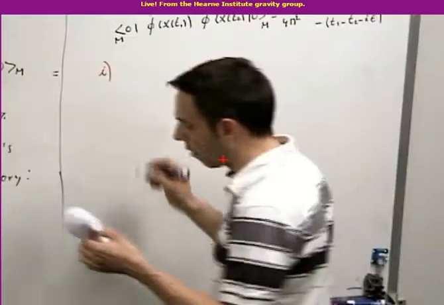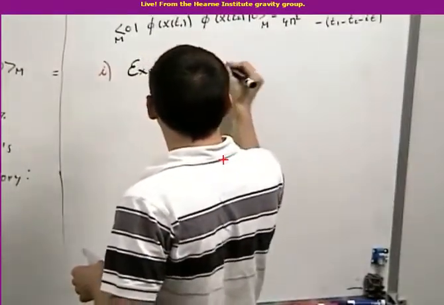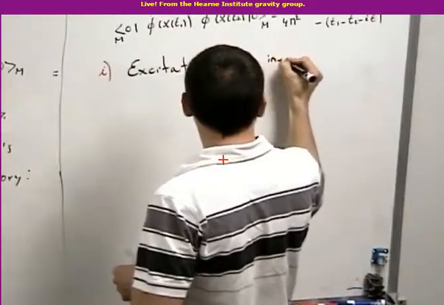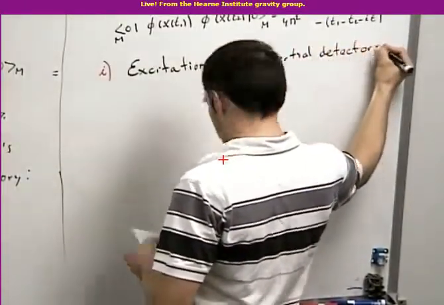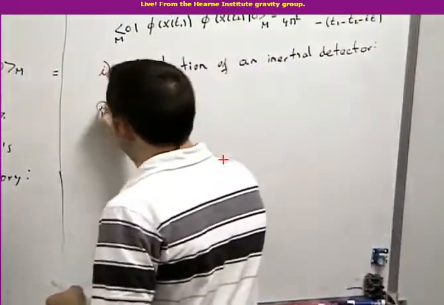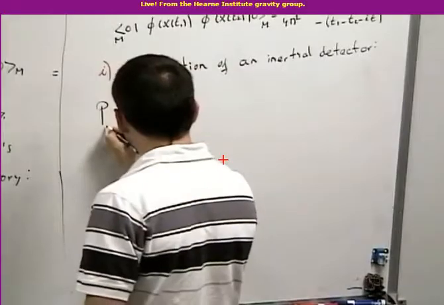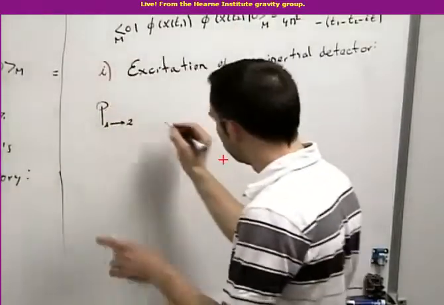So what I want to start computing is the excitation of an inertial detector. So I want to apply that expression when I go from the ground state to the excited state.